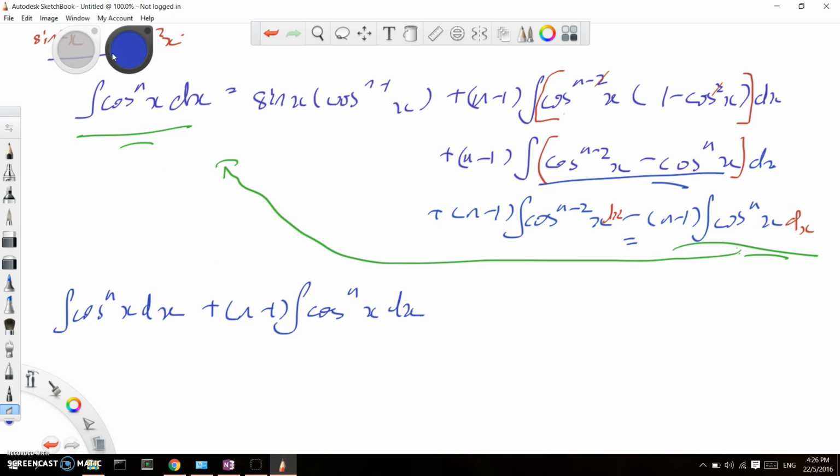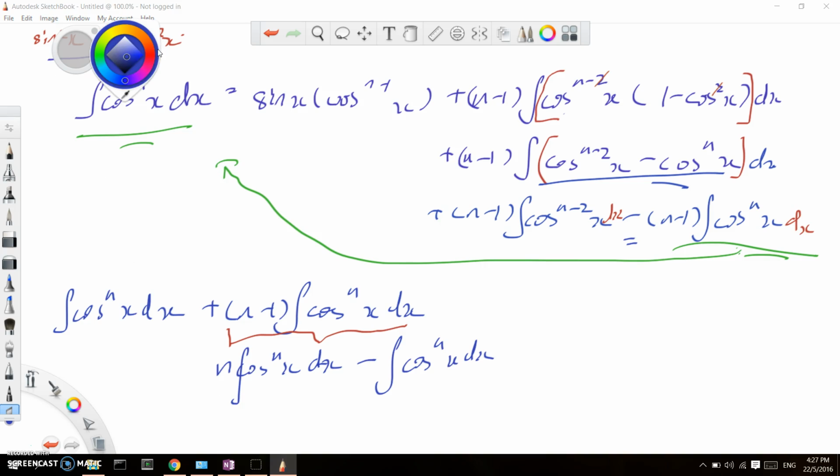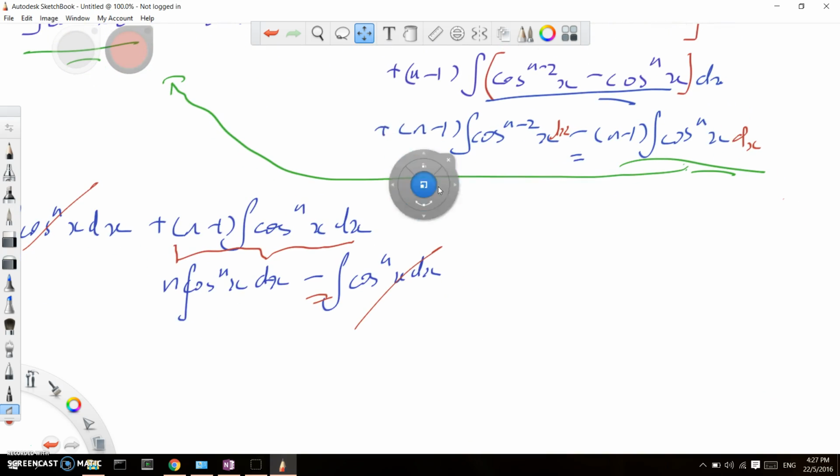And what we can do for this part is expand it out. So n times the integral of cos to the power of n x dx minus the integral of cos to the power of n x dx. And as you can see, these two cancel out because of the subtraction.